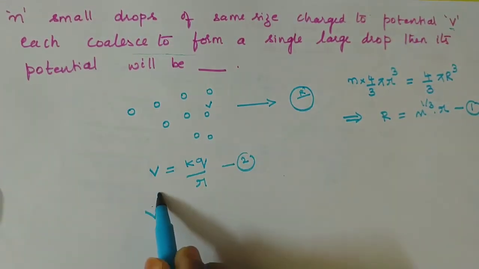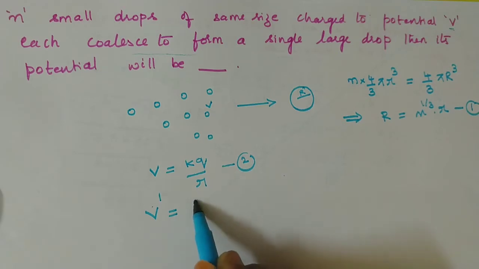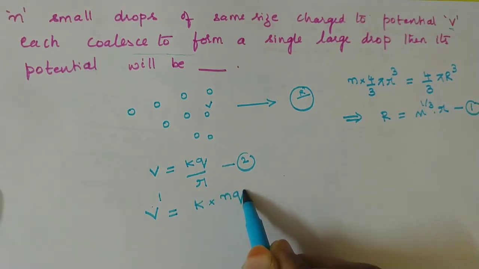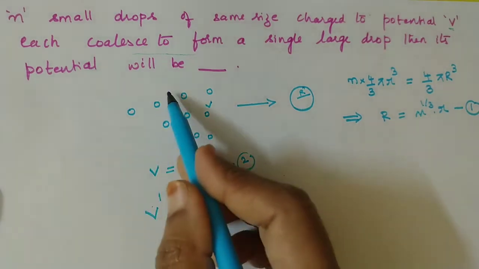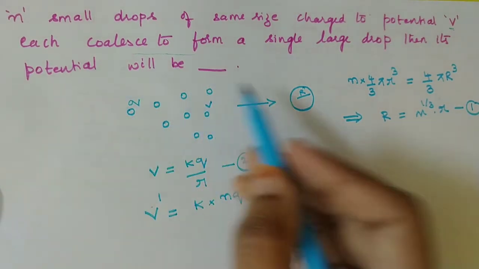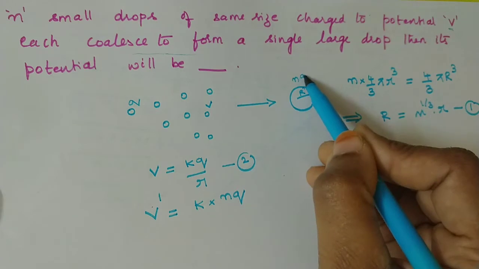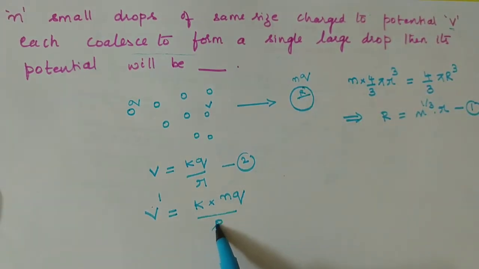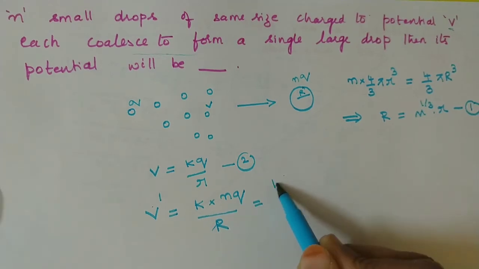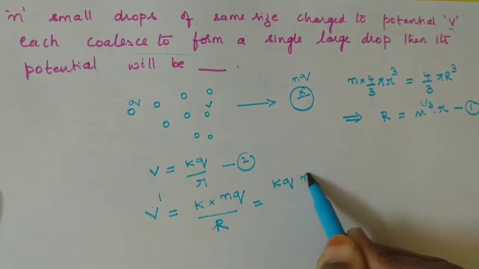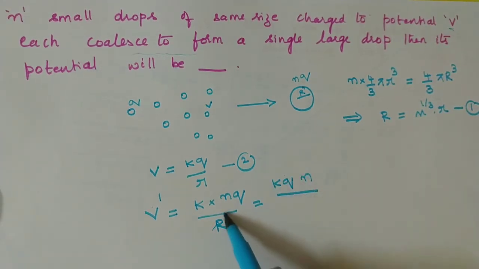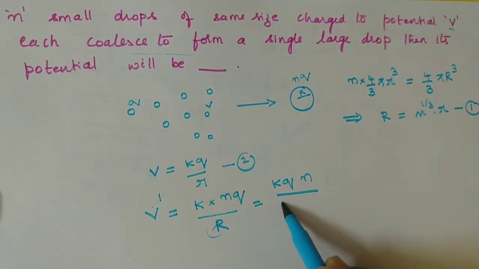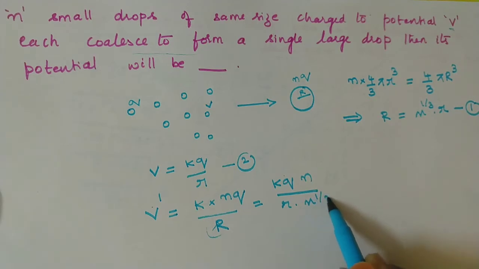Then potential of this bigger drop would be K into total charge on the sphere, that is n into Q, because n drops each having a charge Q are combined. Total charge will become n into Q divided by its radius, that is capital R. And when I replace it, KQ into small n by, remove capital R is n power 1 by 3 into small r, into n power 1 by 3.